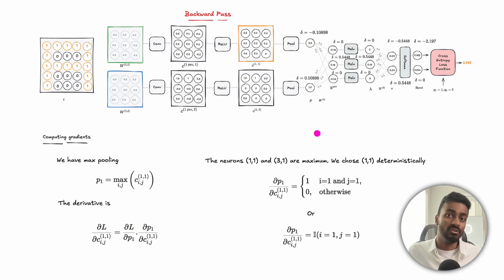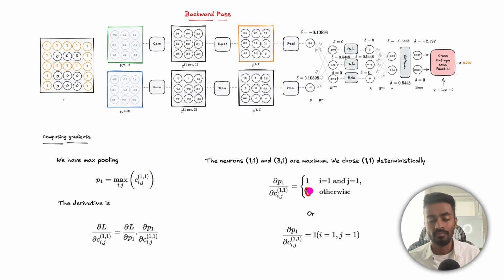Let's say the first neuron that we encounter that is the maximum becomes the maximum. Therefore, for this specific example, we're going to define our derivative as well. The derivative of this neuron with respect to this neuron is going to be 1. But for all other cases, changing these output activations is not going to change this output here.